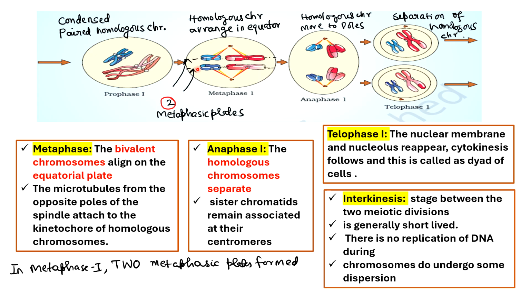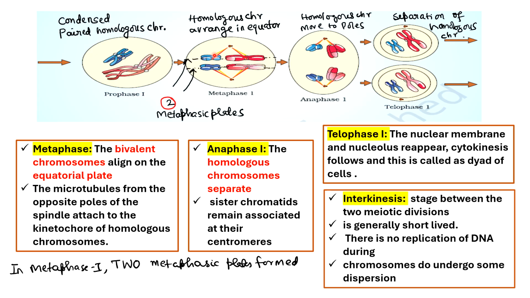Note here that we are getting one imaginary line or plane along which one set of homologous chromosomes is arranged, and another metaphasic plate along which another set of chromosomes is aligned. So how many metaphasic plates are we getting in metaphase 1? We are getting two metaphasic plates, right?